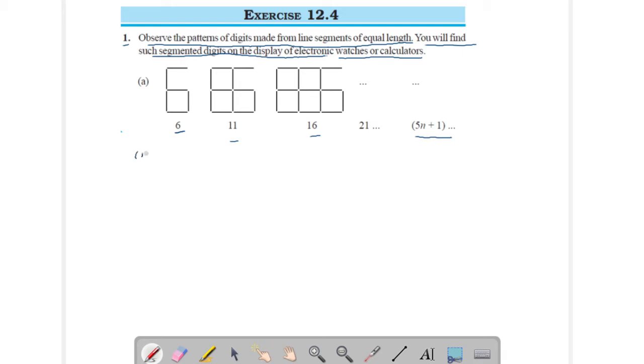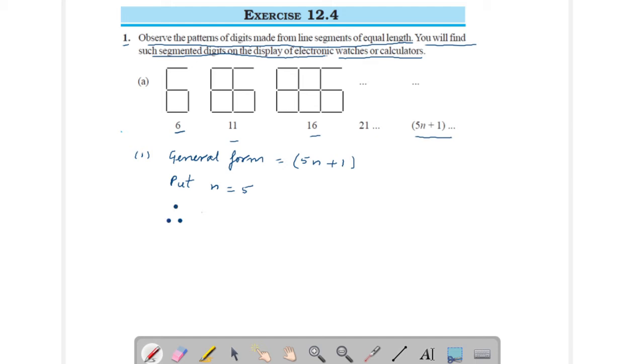Let's see first part. General form is 5n plus 1. Here you have to find out the number of line segments for 5 digits. Put n is equal to 5.